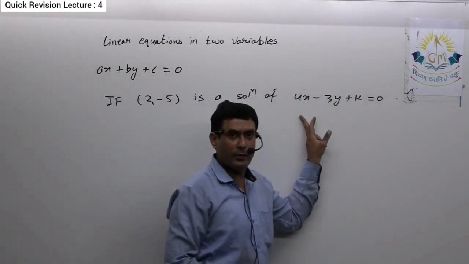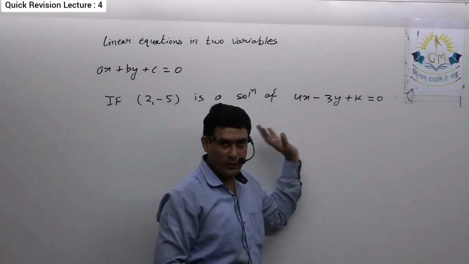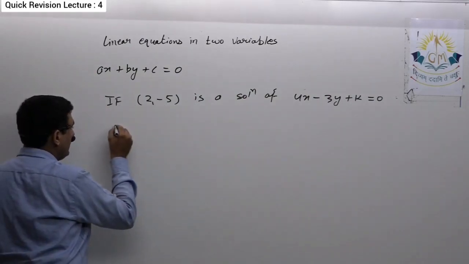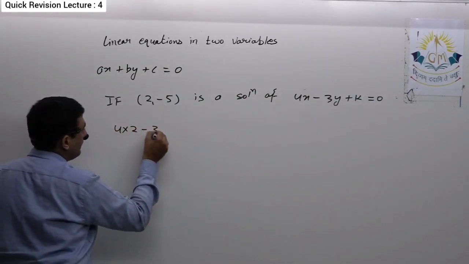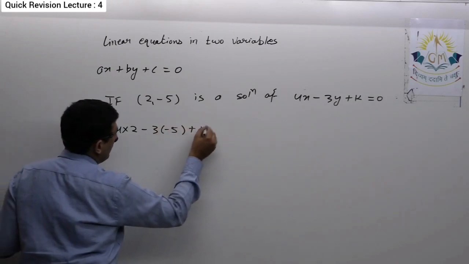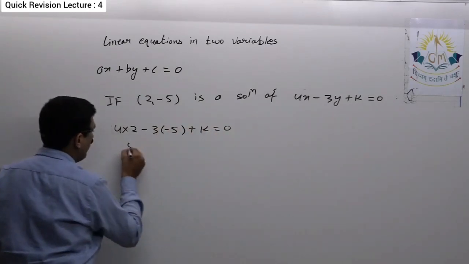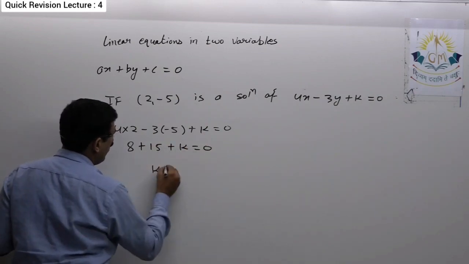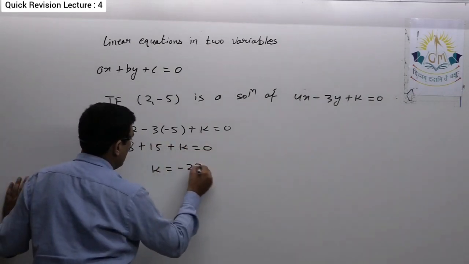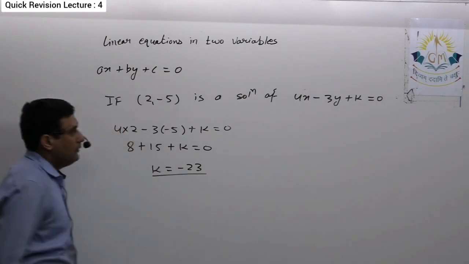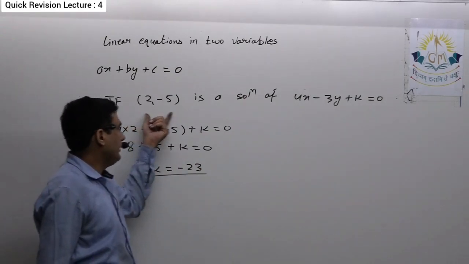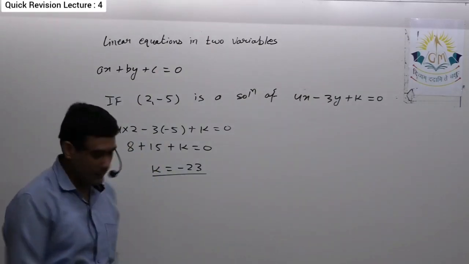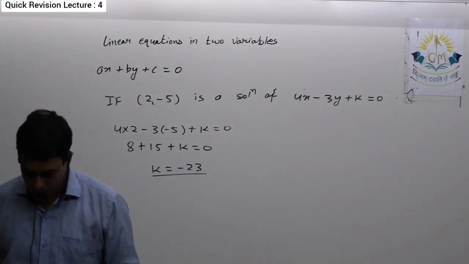That means on putting x equal to 2 and y equal to -5, the equation should get satisfied. So as it's a solution, I do it like this: 4 into 2 minus 3 into -5 plus k equal to 0. So 8 plus 15 plus k equal to 0. So k equal to -23. That's it. So if a solution is given, we can replace x and y accordingly in the given equation.